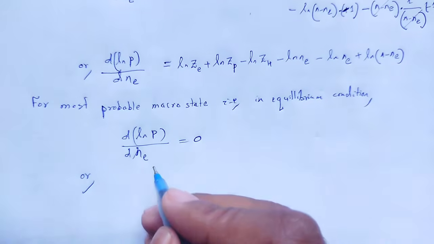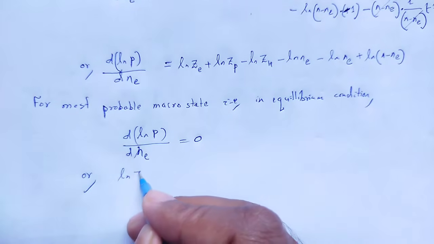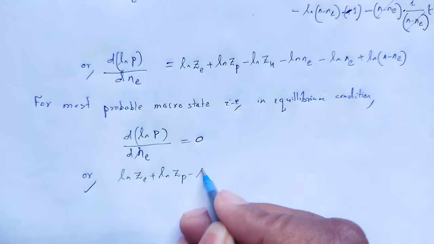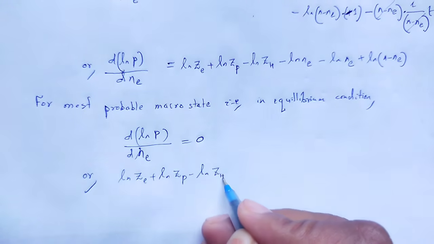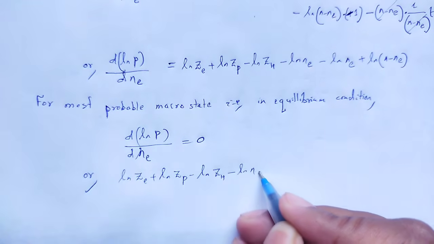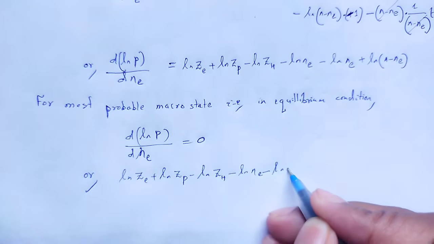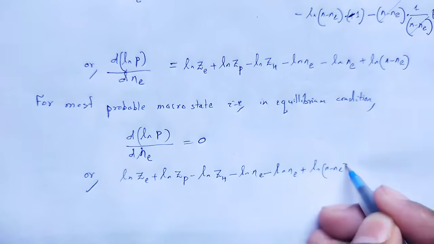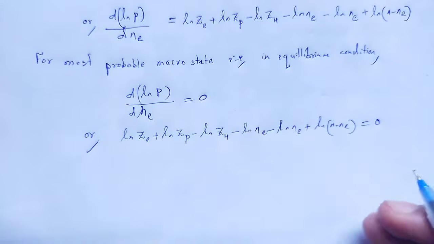Therefore, the term ln ZE plus ln ZP minus ln ZH minus ln NE minus ln NE plus ln n minus NE is equal to 0.